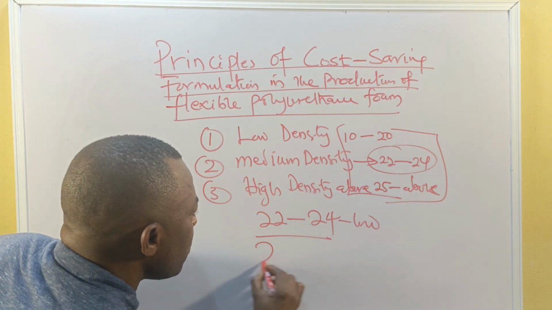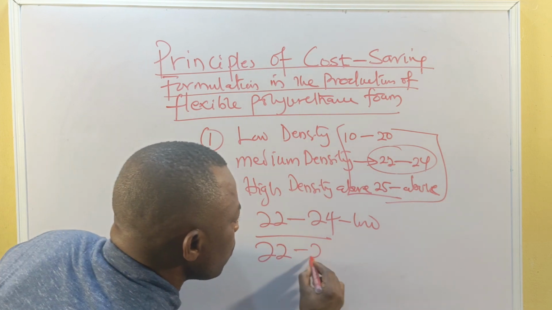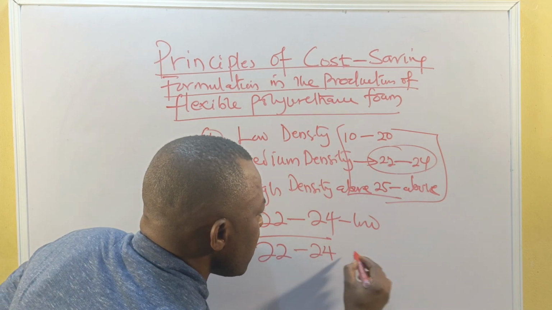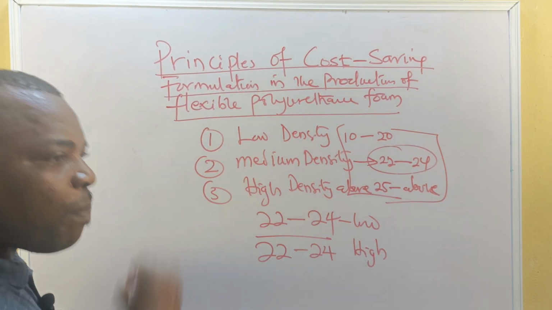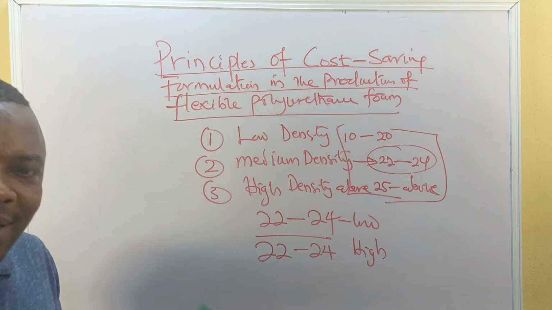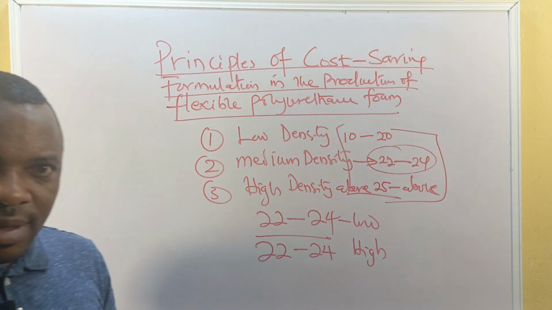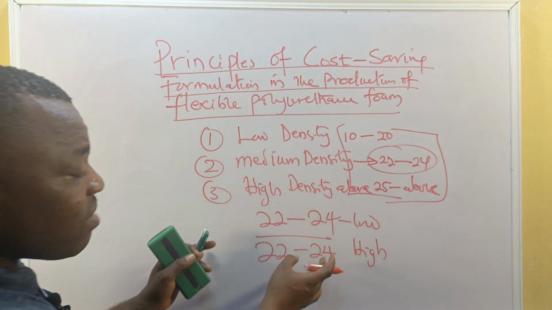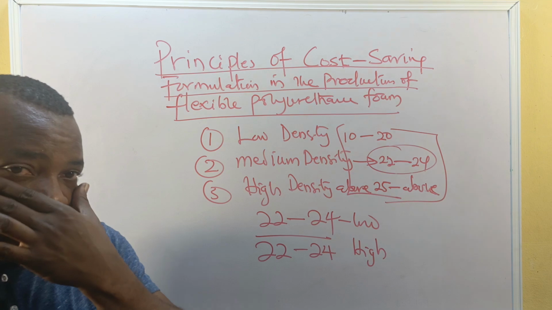Another country may say density that falls between 22 to 24 is high density. So it depends on the standard of that country. It is not fixed. And what is this standard? Remember, this standard is not set by one company or one entity.